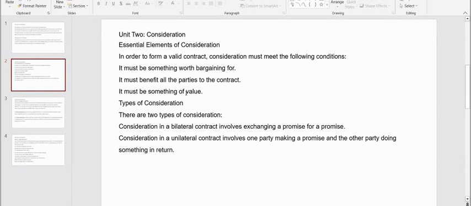The contract will provide jobs for your people, etc. It must benefit all parties. All right. That means the contract given benefits the owner, and at the same time you make a profit. The owner can get the job he wants, and when you finish the job, he is very happy.